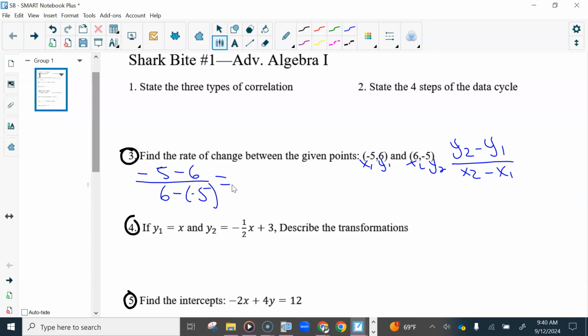And then subtract, so -5 minus 6 would give us -11. This would become 6 plus 5, so -11 over 11, which simplifies to be -1. So our rate of change or our slope was -1. Questions on that one before we continue?